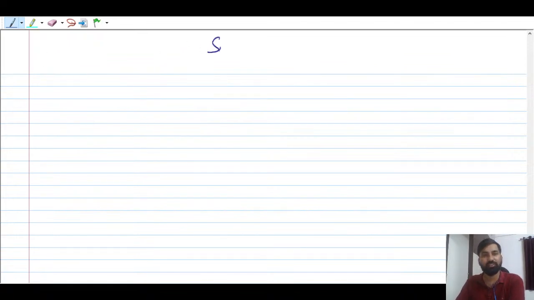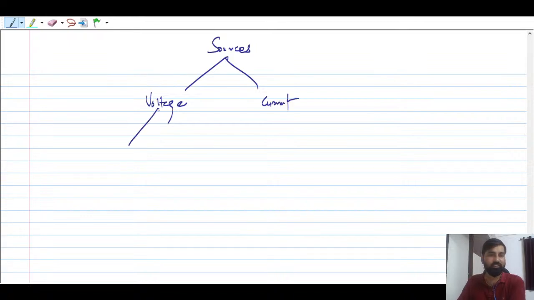are 2 sources basically. Okay, they are voltage and current, right? These voltage sources can be independent voltage source or a controlled source also, right? So basically I'm going to focus on independent sources, right? The independent sources, they are ideal and practical, right?